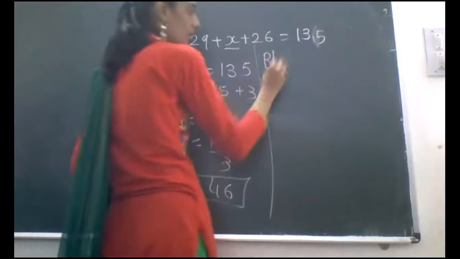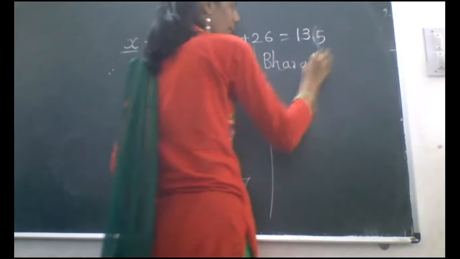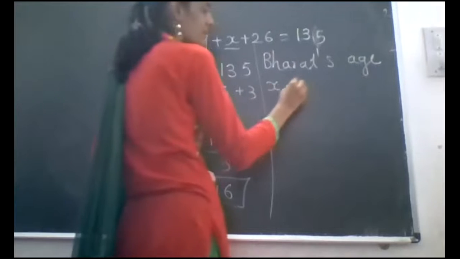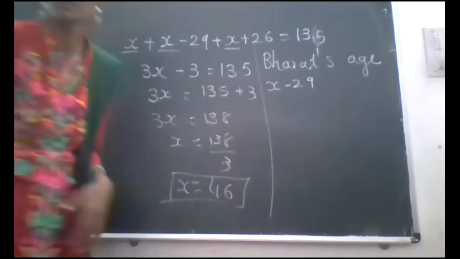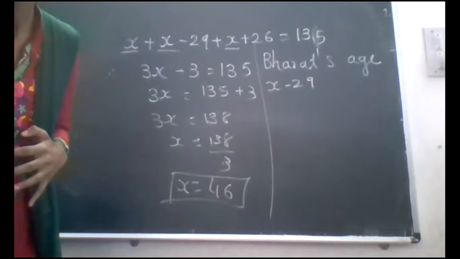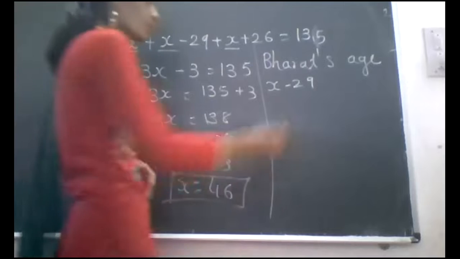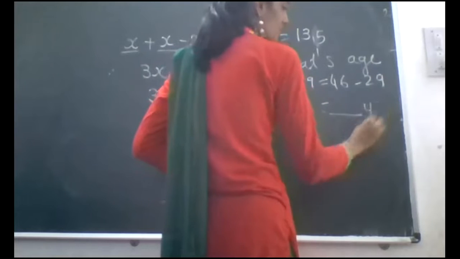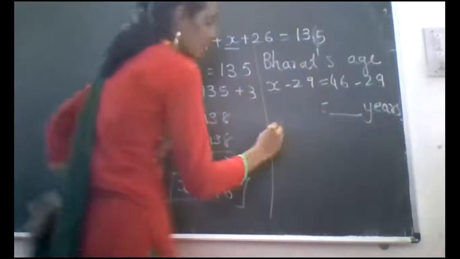Now Bharat's age is x minus 29, so we get 46 minus 29 years.